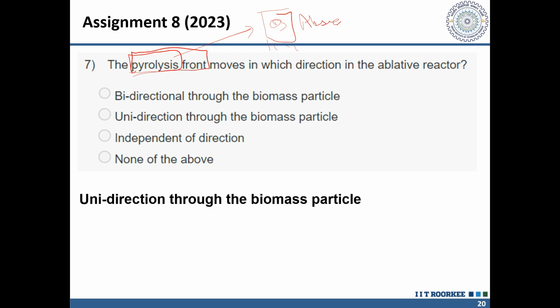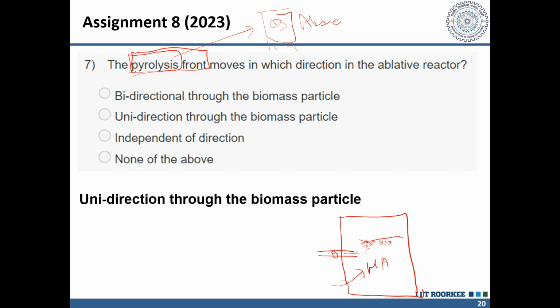So pyrolysis front is a type of boundary which moves in the direction of biomass going inside. For example, if this is a pyrolysis reactor and we insert the biomass from here, the biomass enters here and comes in contact with the hot air and becomes heated.